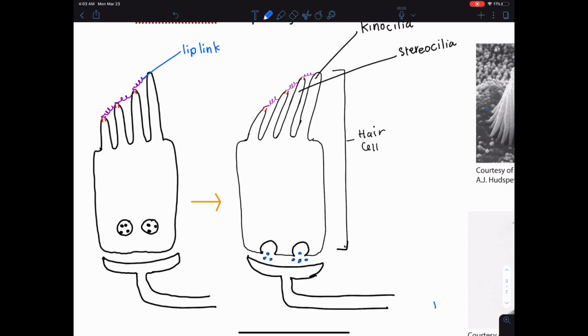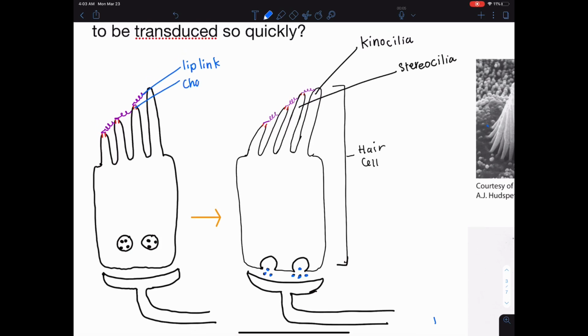And these link together adjacent stereocilia. And the other important part of this is what is attached to the tip link, which is this channel.